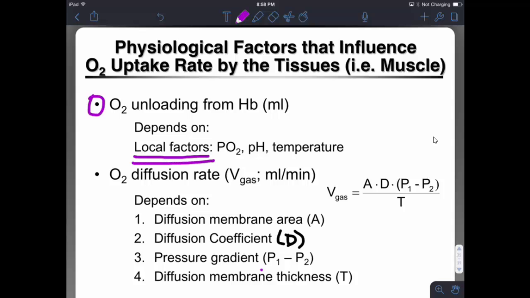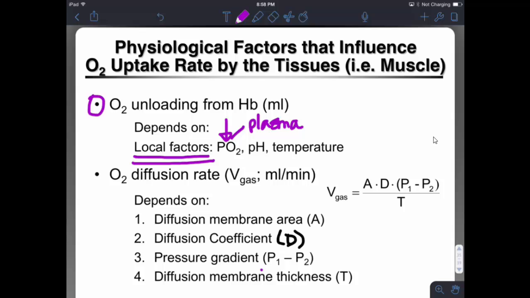So for instance, if the muscle is using oxygen, then the PO2 in the plasma in the capillaries around that working muscle cell is going to be relatively low because oxygen is being taken up. And the lower the oxygen level in the area, the more likely hemoglobin is able to unload.